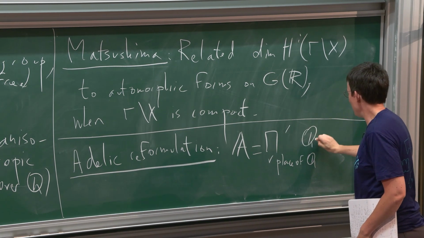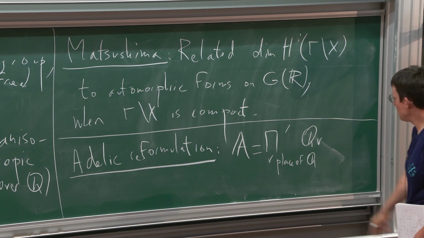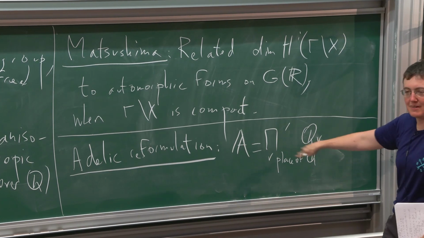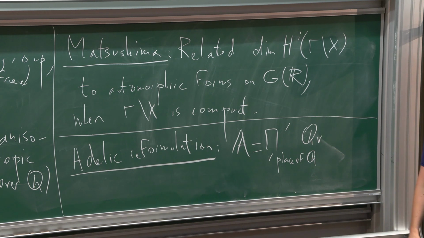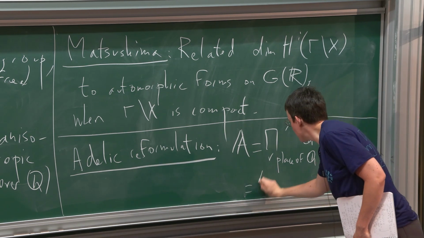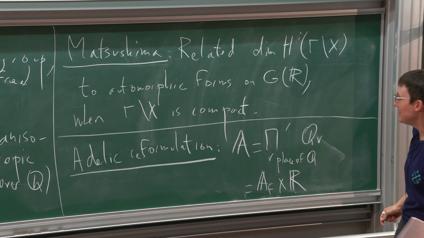It's the restricted product of all completions of Q, which means families that are in Z_p for almost all prime numbers p, and there's no condition at R. So this is also the product of R by what is called the finite Adeles.